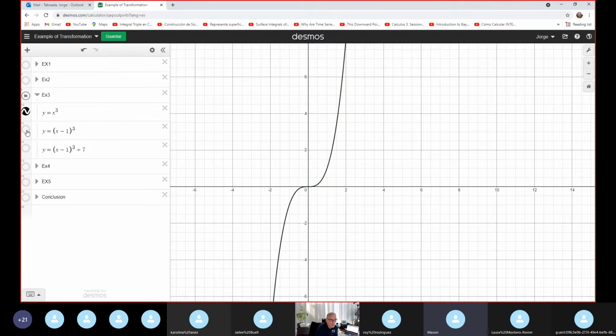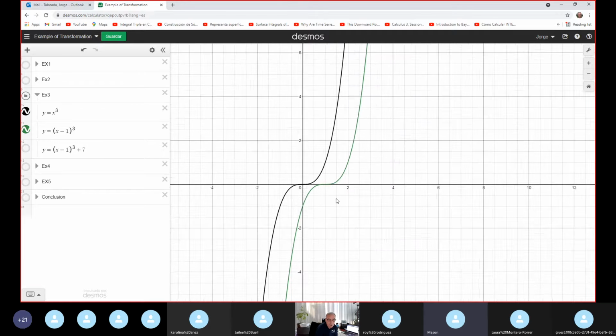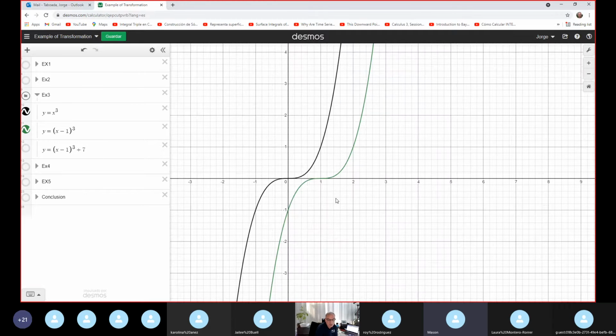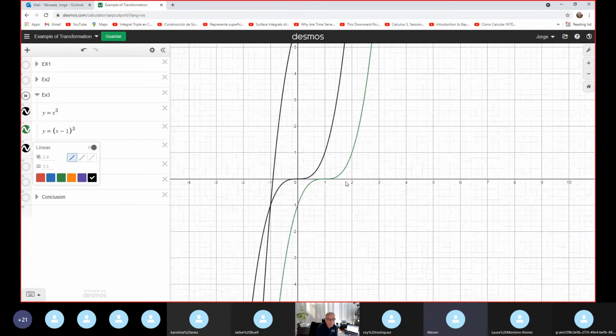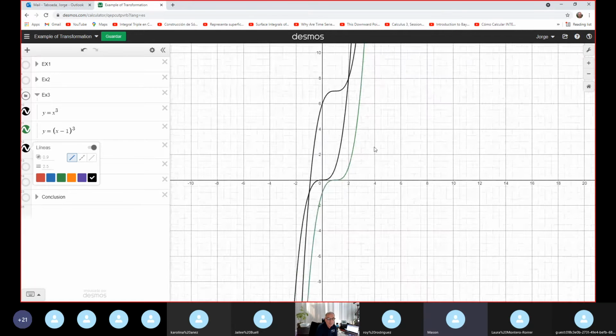The first transformation is a horizontal shift, 1 unit to the right. And finally, a vertical shift, 7 units up, something like that.